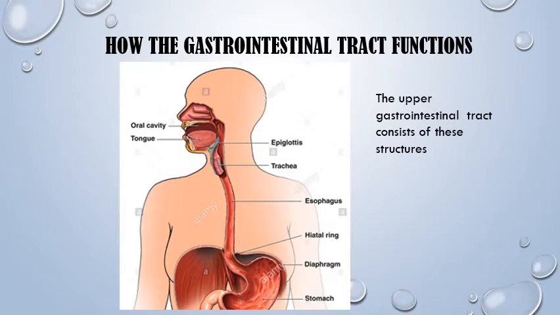The upper GI tract is where digestion and absorption of most nutrients, water, and medication occurs. Food enters the mouth where it is chewed and partially broken down by saliva, which contains enzymes that begin the digestive process. When swallowed, food enters the esophagus, where it is transported to the stomach.